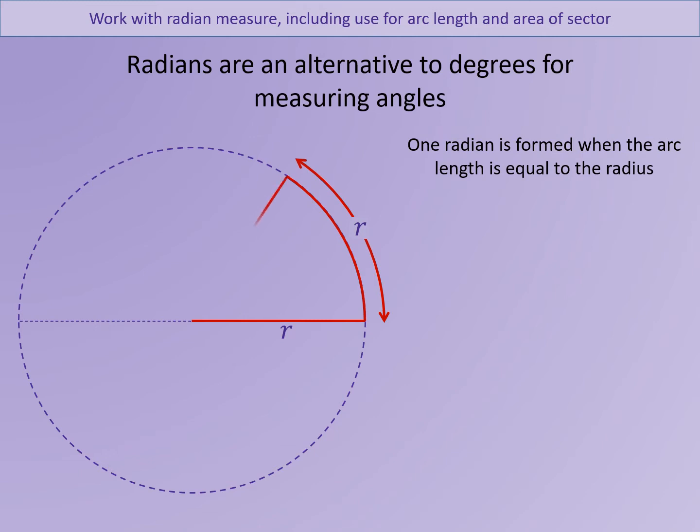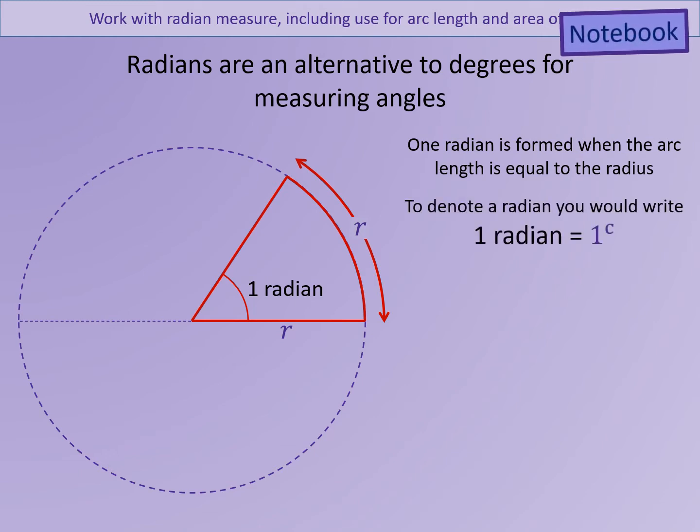Now if you then draw in the rest of the sector, that length will be r as well because it's also the radius. The angle that you've formed at the centre there is called 1 radian. Okay, so the symbol for radian, we often use a little c instead of a degrees sign. The c stands for circular measure because it comes from the idea of the radius of a circle.